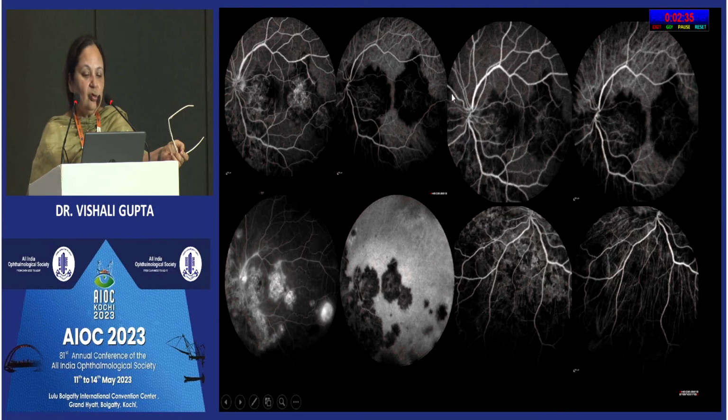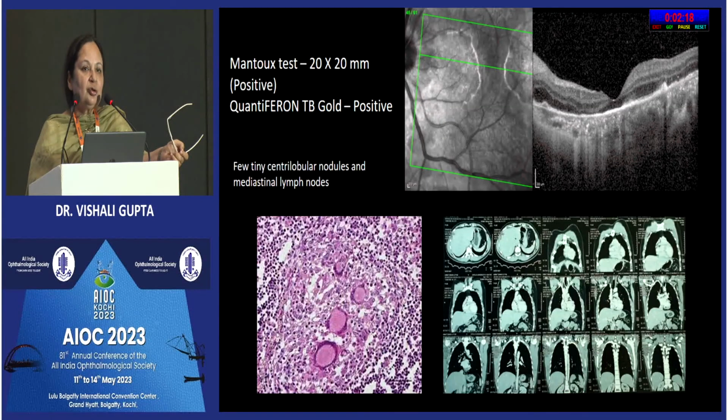And when we do fluoresceins and ICG, you find typically the center of the lesion will be healing while the periphery of the lesion will be active. This is what is serpiginous-like choroiditis, and in this presentation one should always rule out infection, most commonly tuberculosis.